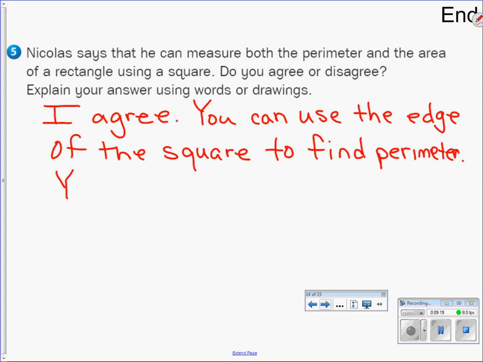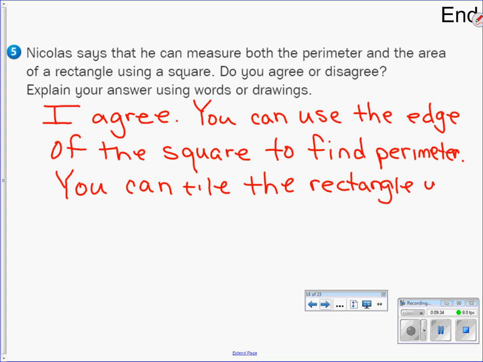And you can tile the rectangle with the square to find the area.